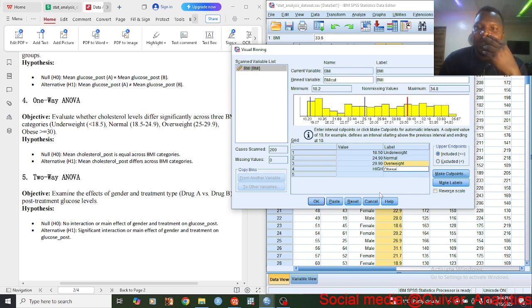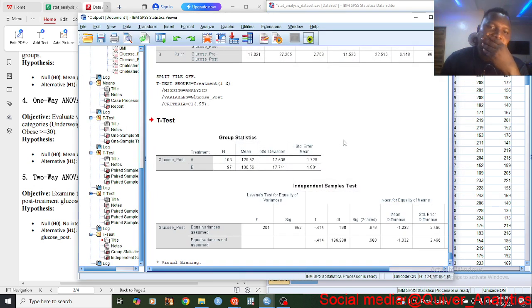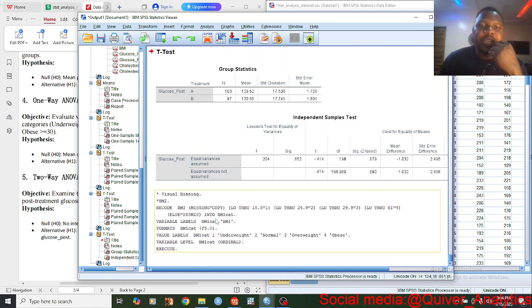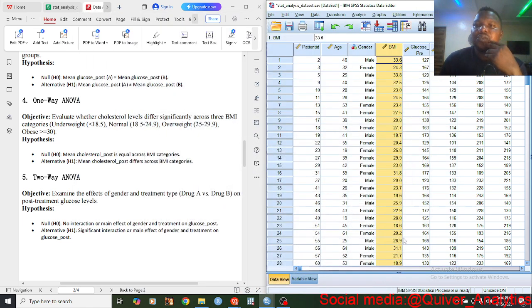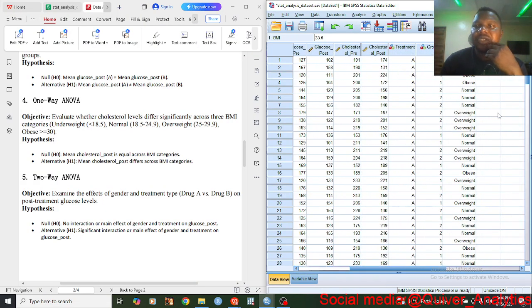Once you do this, you are good to go. The binning specifications will create one variable. To see what we have done, you have to come here to see: we have obese, normal.